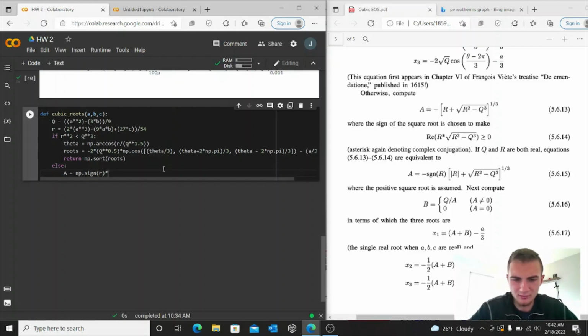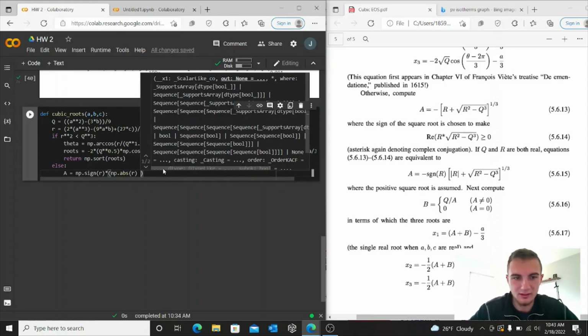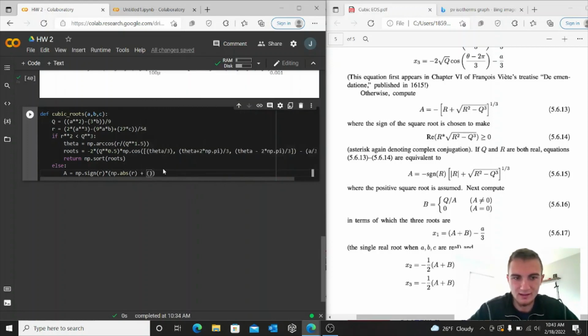And here this will be multiplied by the absolute value of r. So we can do np.abs, which will take the absolute value, so it'll be of r. And from here we will add r squared minus q cubed.